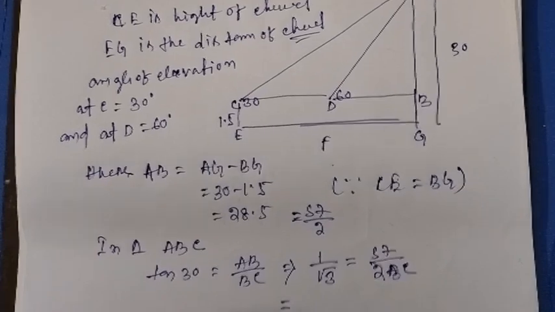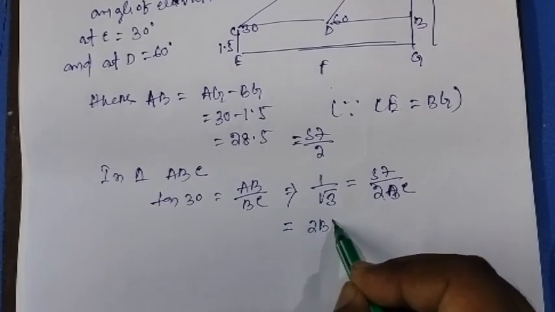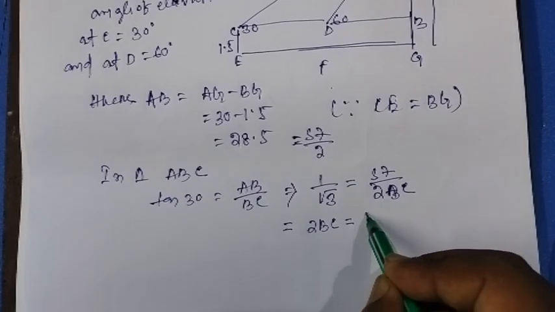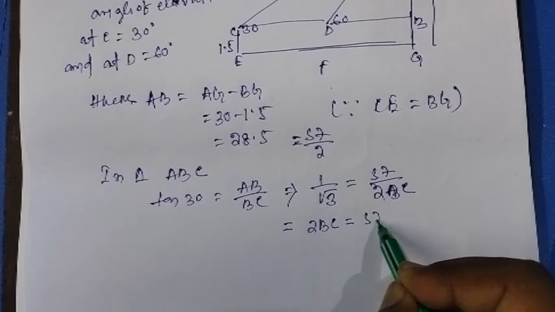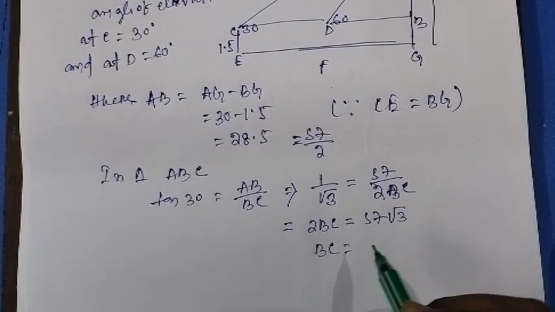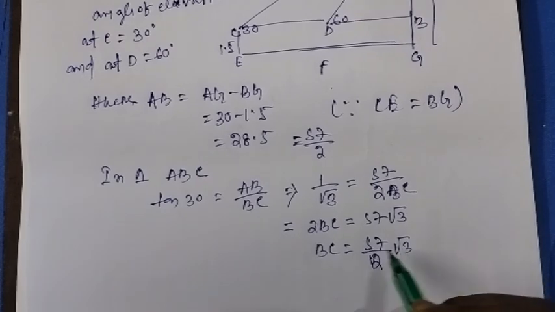That implies 2 BC is equal to 57 root 3. BC is equal to 57 by 2 into root 3.